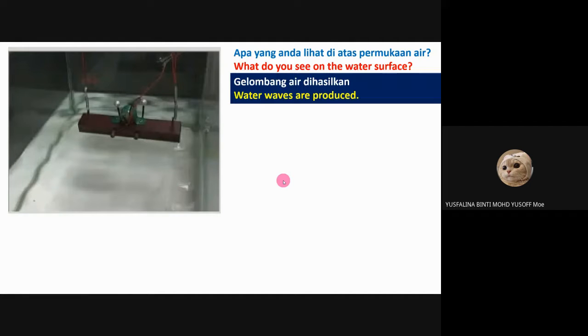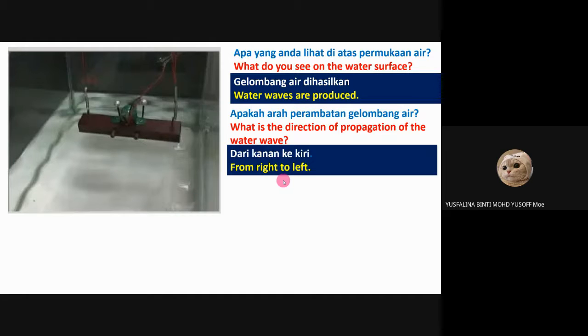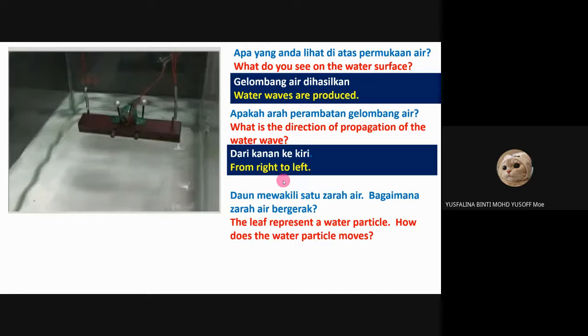So what do you see on the water surface? The water waves are produced. What is the direction of the propagation? The direction of the propagation is the way the wave travels. This one we can see is from the right to left. And the leaf represents a water particle.